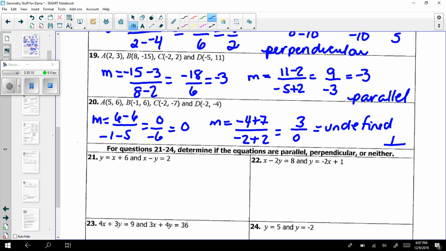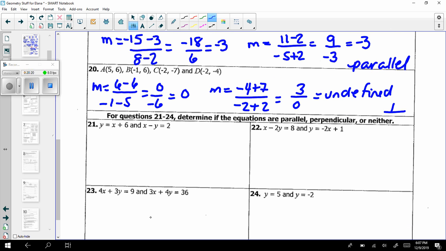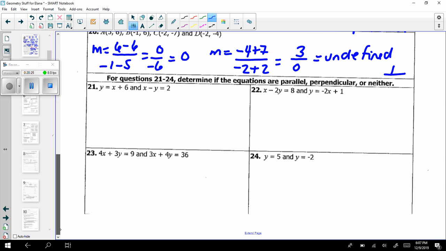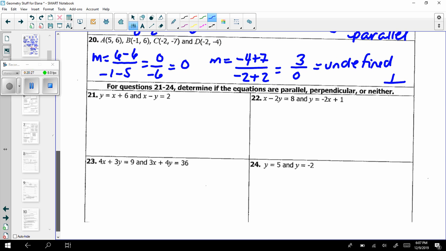Now when you do these, you have to put these lines in slope-intercept form, or at least identify the slope in them, and the only way to do that really is to put them in slope-intercept form. So remember that y equals mx plus b, where m is the slope of the line.